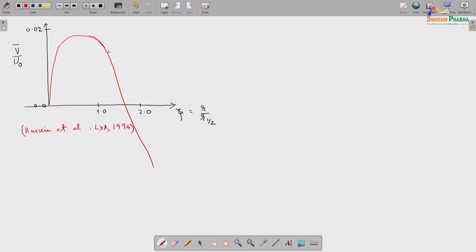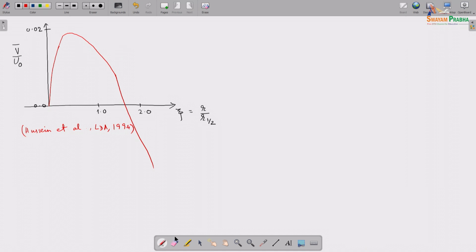So if you see the maximum velocity, actually, okay, I am going to draw this plot a little better. Okay, I think that I'm okay with that now.